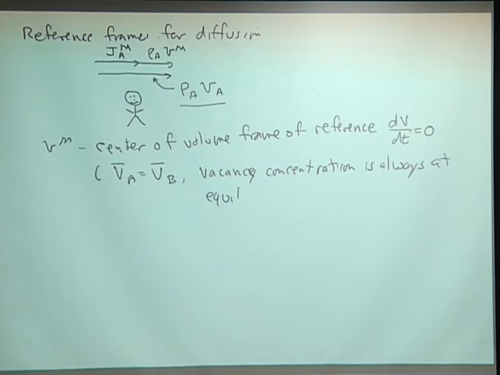Basically I'm just going to give you the essential assumptions. It's more important than seeing the algebra of how you get here. Vacancy concentration is always in equilibrium, and the partial molar volumes of component A and component B are the same, so that as the fluids intermix, the volumes don't change.